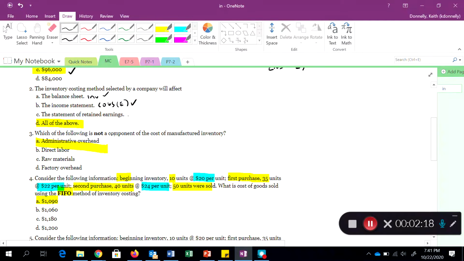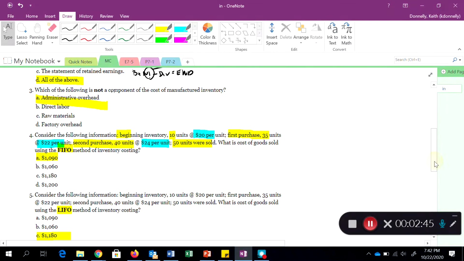And then, hey, we know our statement of retained earnings, right? Beginning plus net income minus dividends equals ending. Well, net income is our revenue minus our expenses, and cost of goods sold is an expense. So it will affect the statement of retained earnings. So that's why it's D, all of the above.